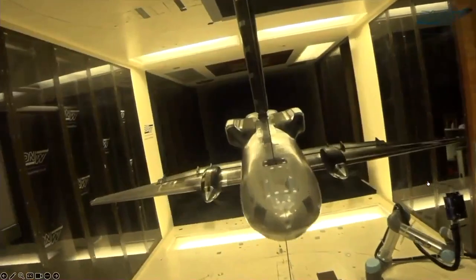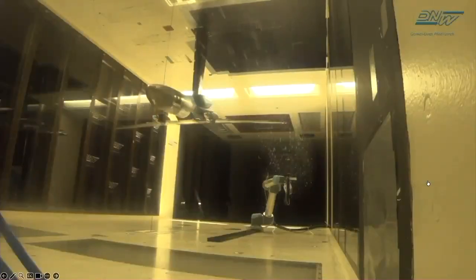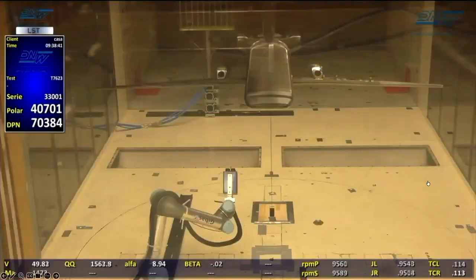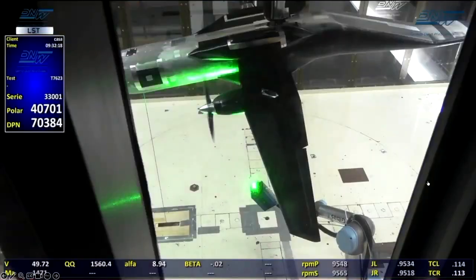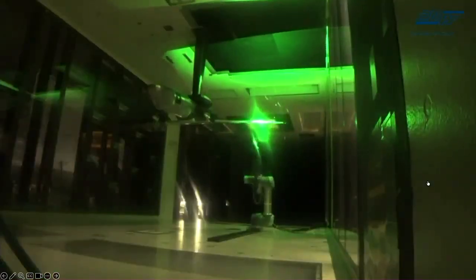The aircraft is put upside down. That's the way they test it, because the balance comes from the top. And then these are the seeds that I will talk about, the helium-filled bubbles, and then the robot will scan, by combs, will scan the aircraft and produce a picture.